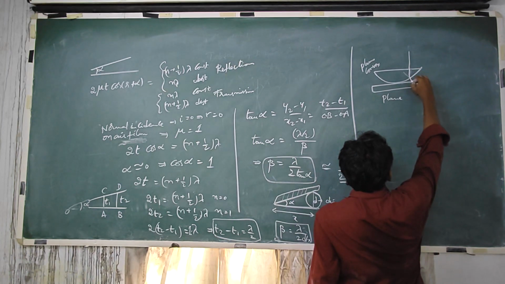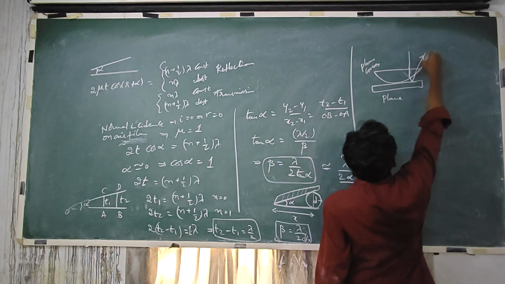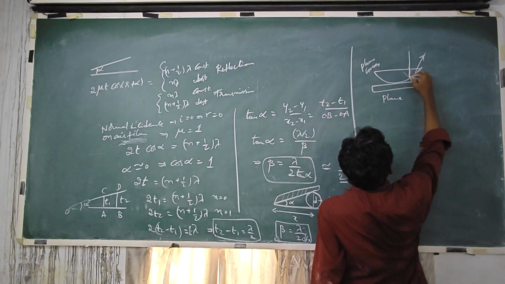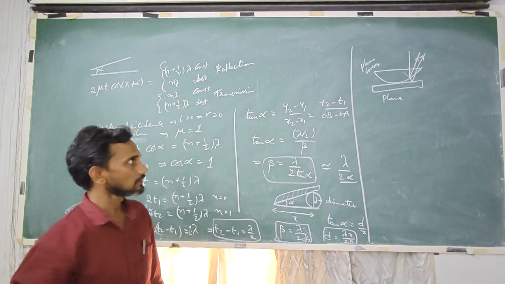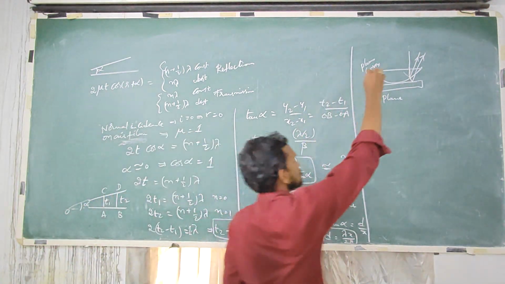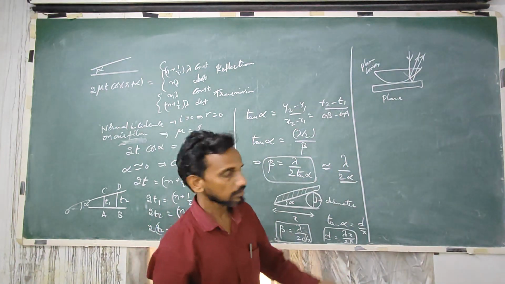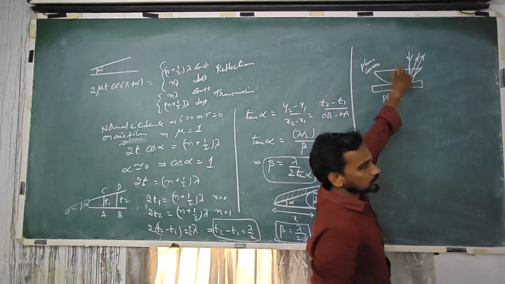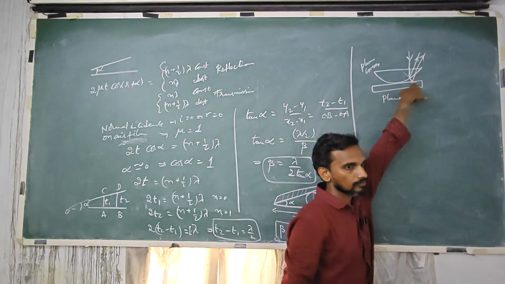So there is a refraction, another refraction. The interference pattern will be between these two light rays. One is reflecting on the top portion of the plano-convex lens, another is reflecting on the top portion of the plain glass plate.